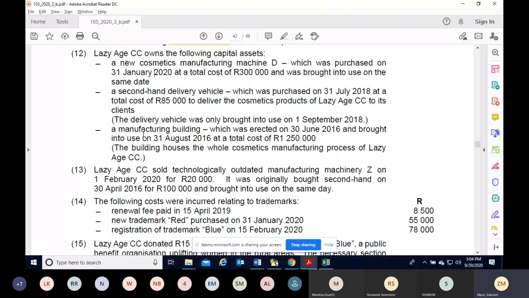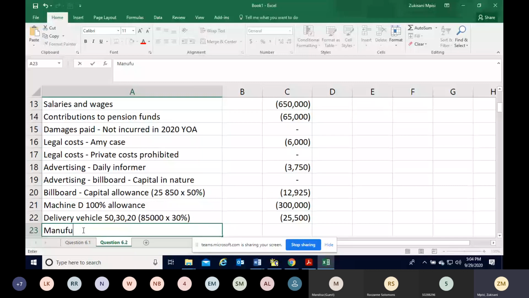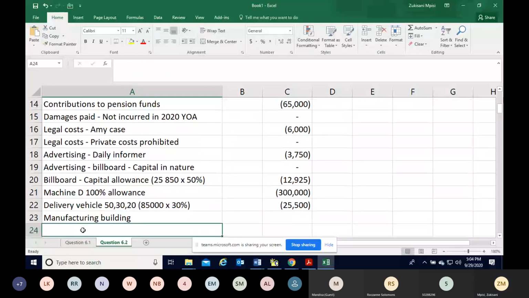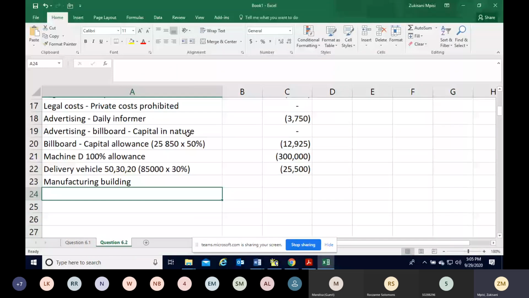A manufacturing building was erected on 30 June 2016 and brought into use on 31 August 2016 at a cost of 1,250,000. And this is where all the manufacturing for Lazy CC is happening. So for this manufacturing building we're going to have an allowance of 5%.